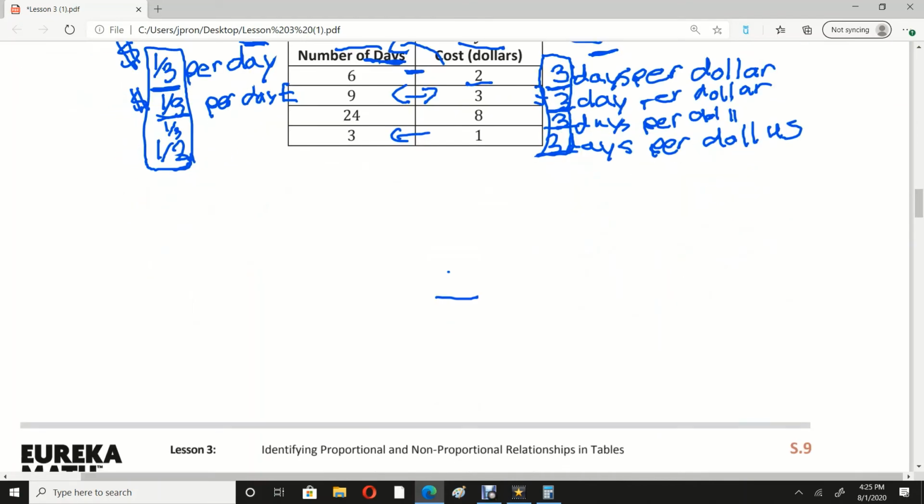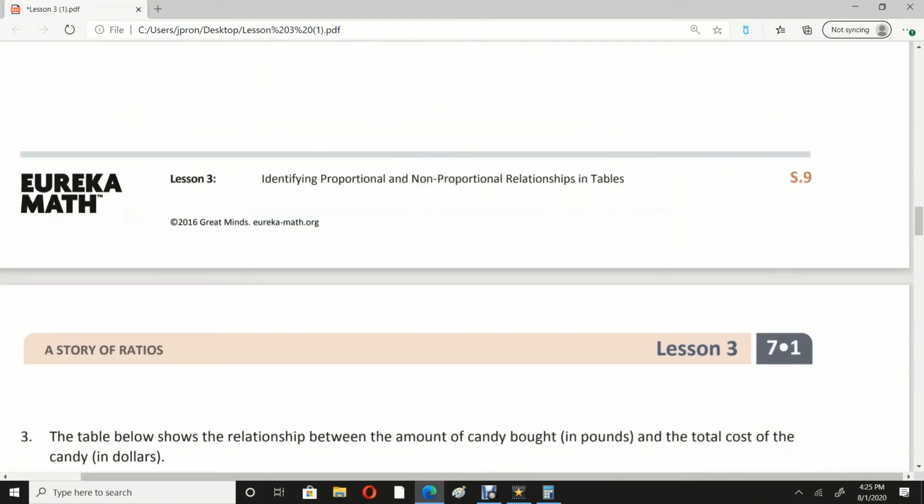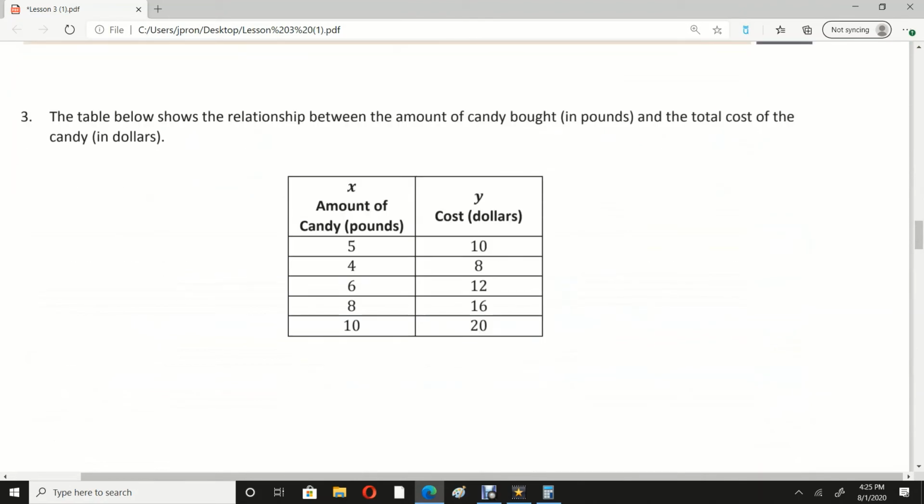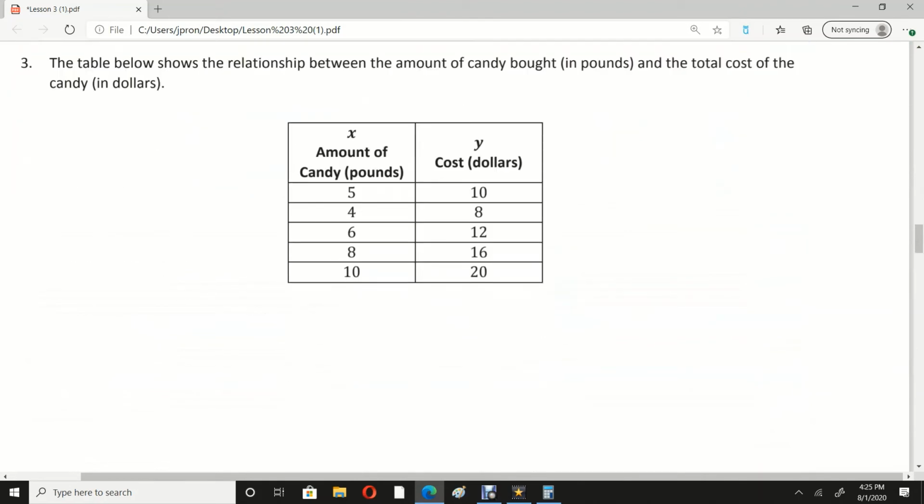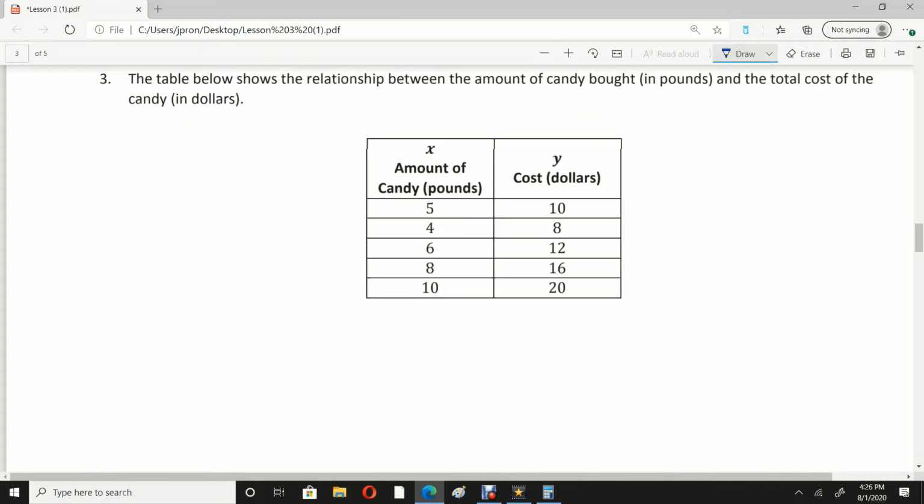And then let's go to the last example, and I'll knock this one out just a little bit more quickly, since it's very similar to the other ones. So amount of candy and the cost per dollar. I don't even care about the word problem. The table shows the amount of candy in pounds and the cost per dollar.